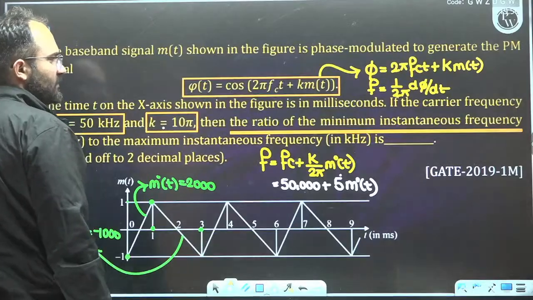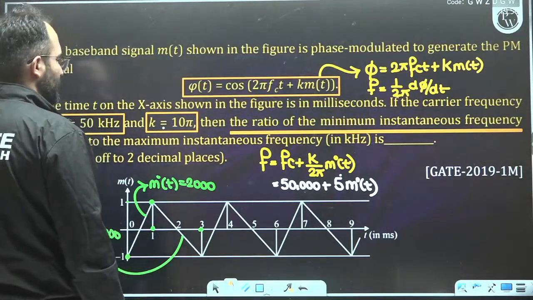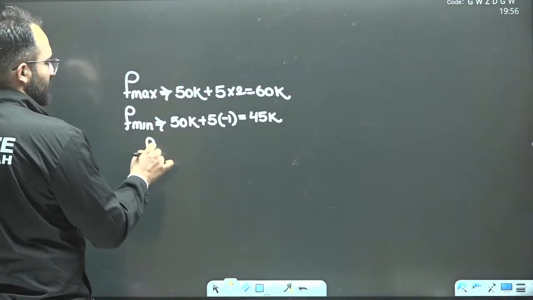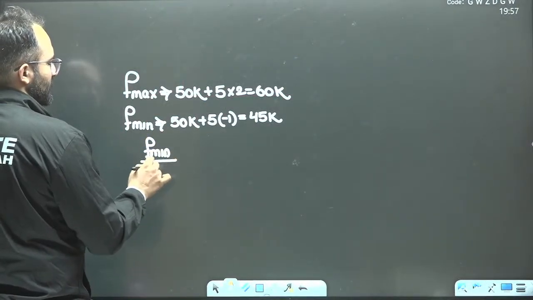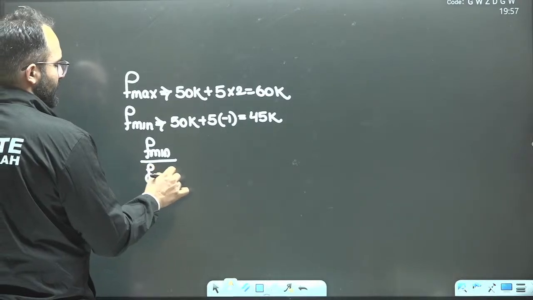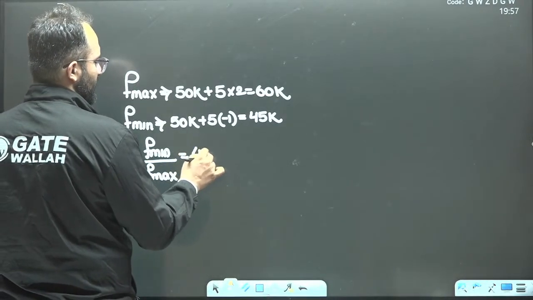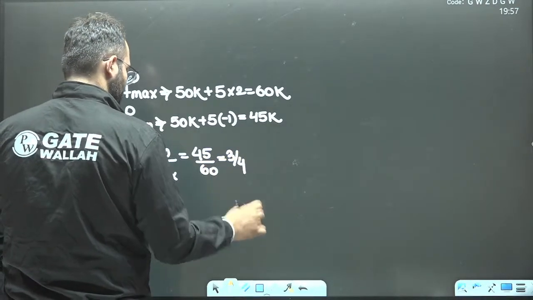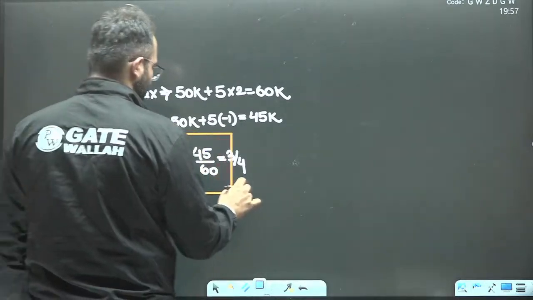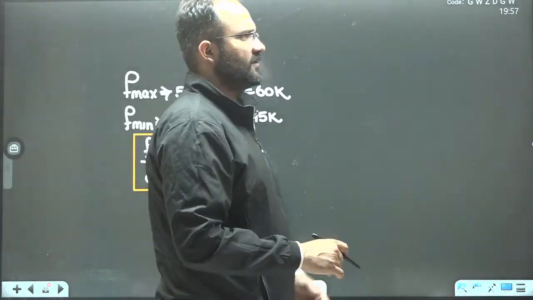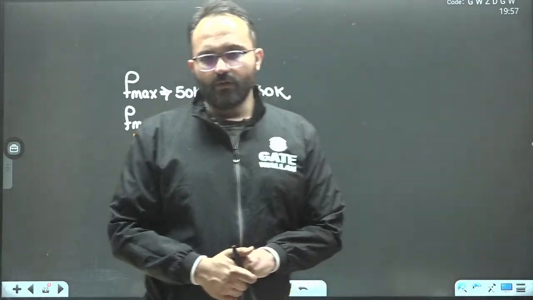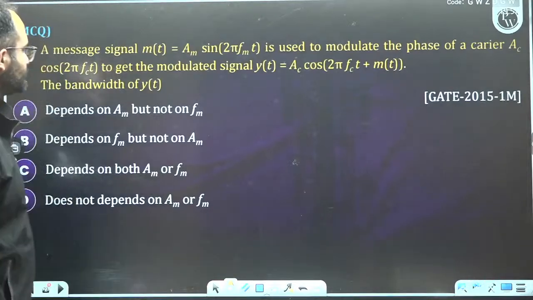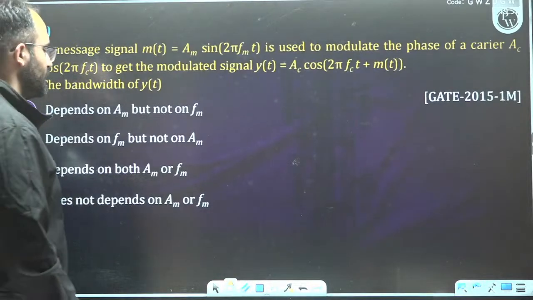Now we have to find the ratio of minimum instantaneous frequency to maximum instantaneous frequency, f min upon f max, that is 45 upon 60, 3/4. So like this we can solve the questions very easily. I hope all of you are able to do it. This is already done.